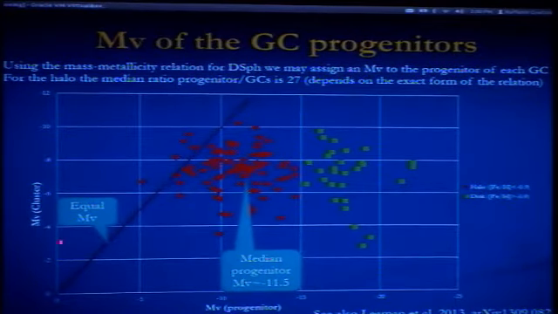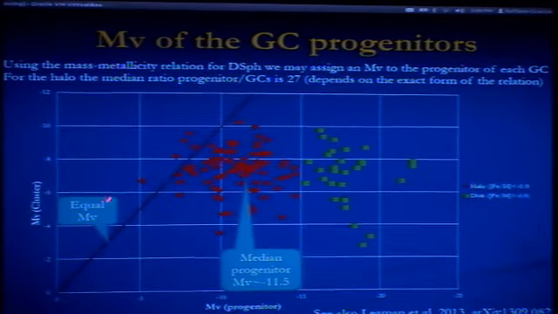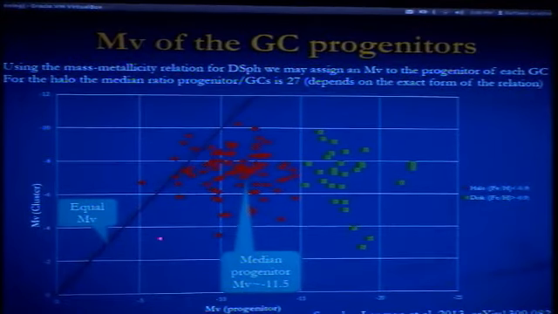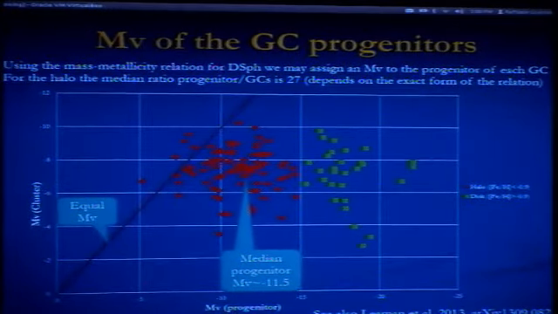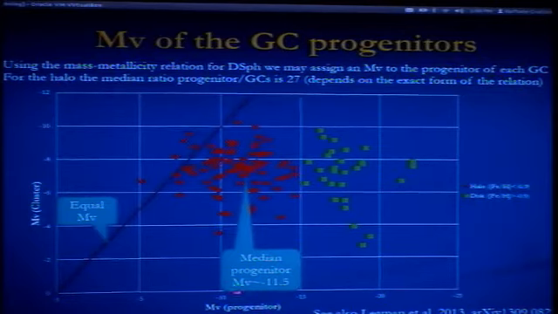And we can see that for each object, we can compare the mass that they have now, the cluster, expressed now in absolute magnitude, assuming a given mass to light ratio, with the luminosity of the progenitor, that we can derive from this assumption that the progenitor should be a dwarf spheroidal with a mass luminosity large enough to produce the metallicity of the cluster that we observe.